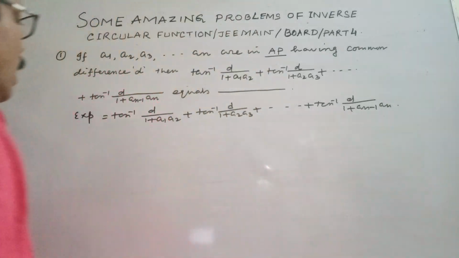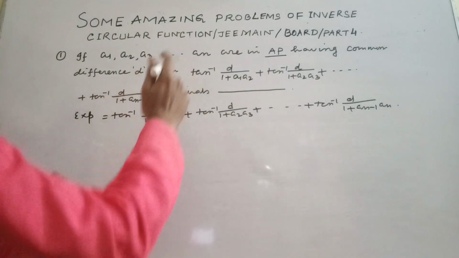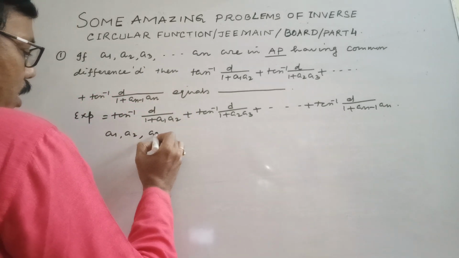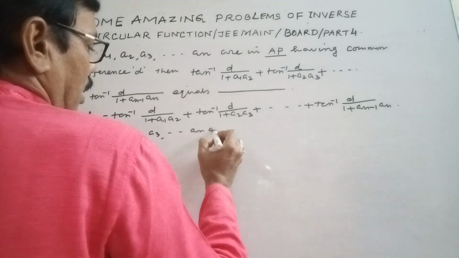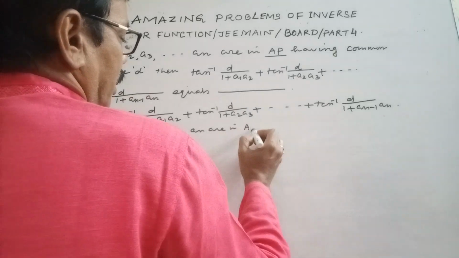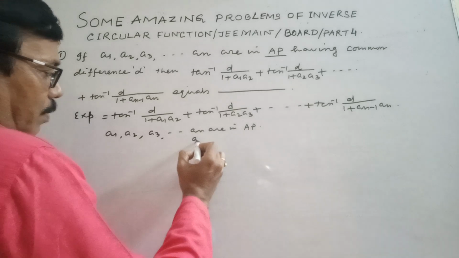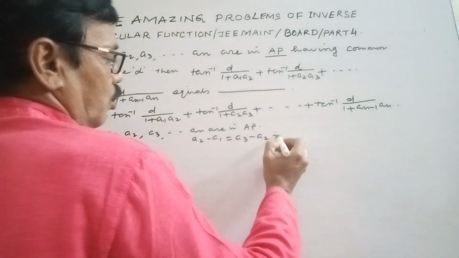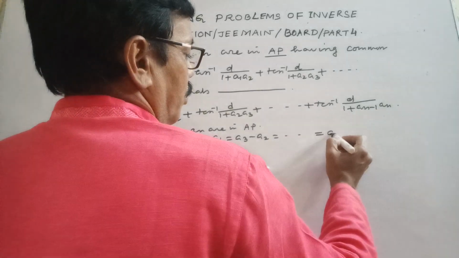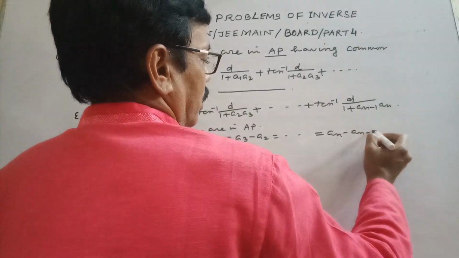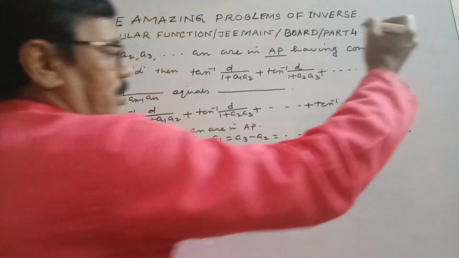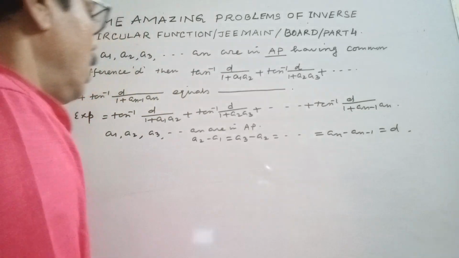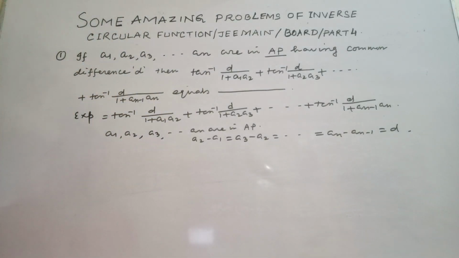Now it is given that A1, A2, A3, ..., An are in AP. Therefore their differences, A2 minus A1, A3 minus A2, the difference of consecutive terms, equal the common difference. So by definition, we need this idea.